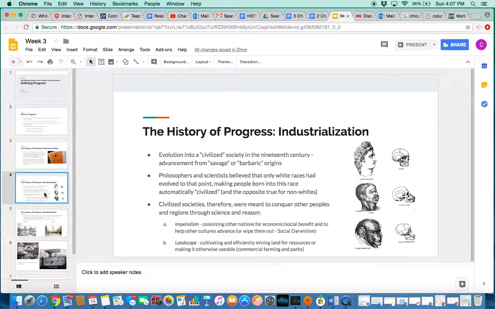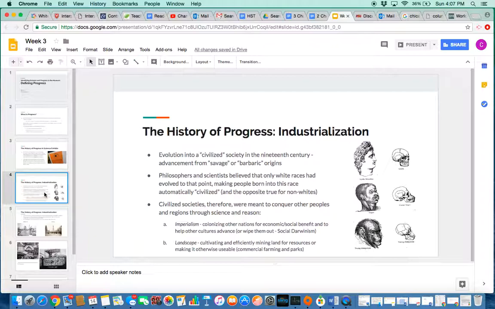A lot of scientists start to believe that there was a beginning for every race around the world to start as barbaric or savage, but they evolved at different rates into becoming civilized nations, or civilized peoples.